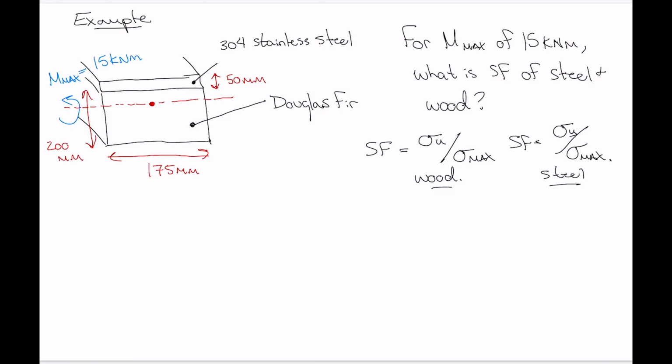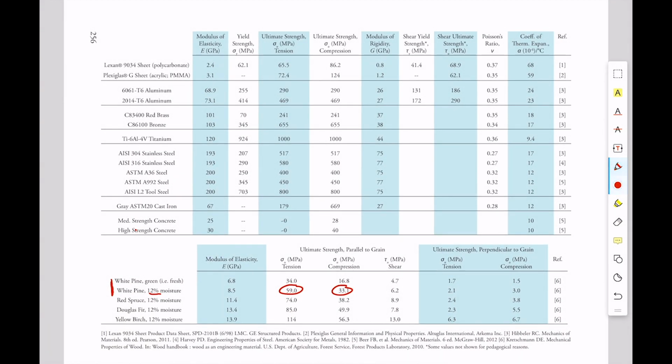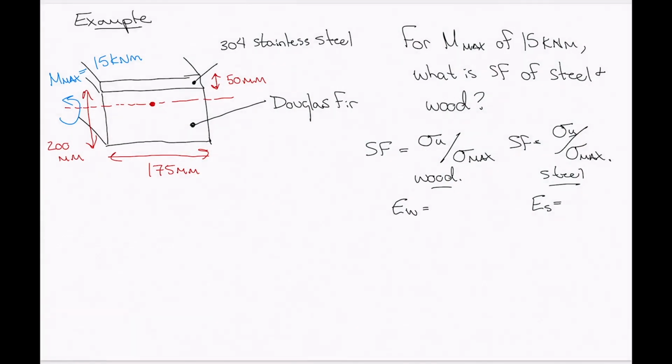All right, composite beams, the way to deal with those is to transform them, but before we do any transformation, we should retrieve the material properties for those two materials from the table. 304 stainless steel here, on the metric side: modulus of elasticity 193 gigapascals.